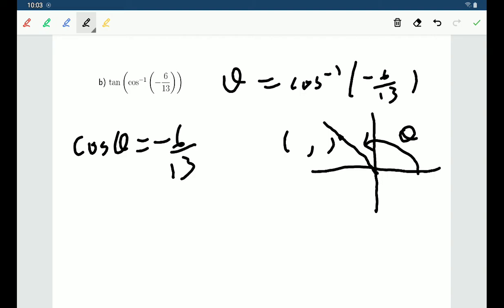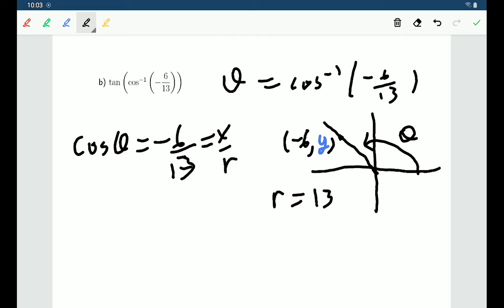Returning from a cosine inverse to a cosine, we're just switching inputs and outputs. And remember that cosine was defined as x over r, so the x-coordinate here should be negative 6. We don't know what the y-coordinate is, so that's the one thing that we'll need to find. And we also know that the value of r is 13.